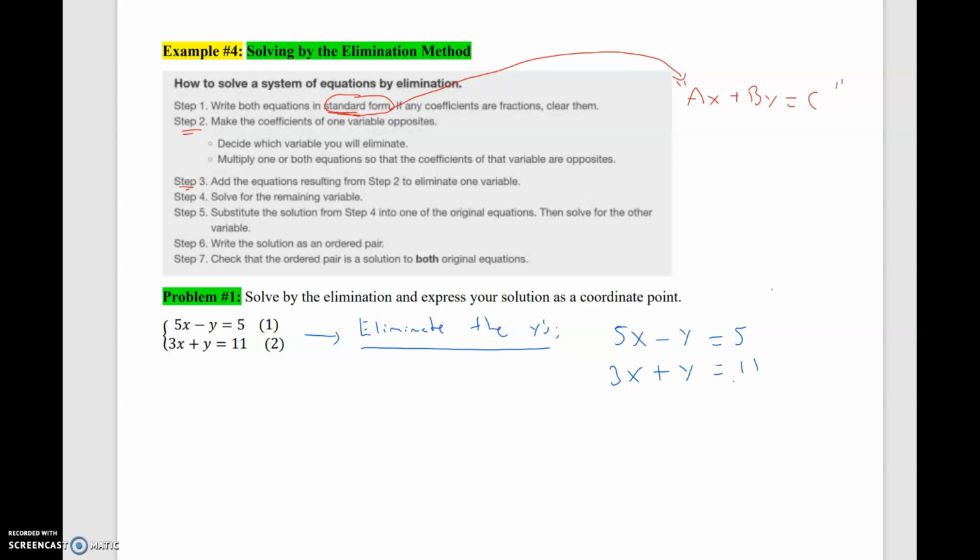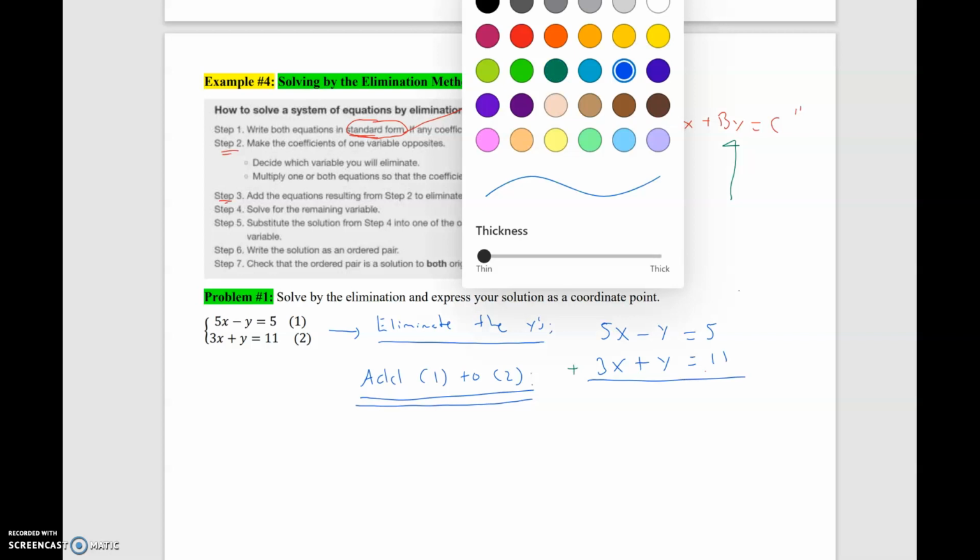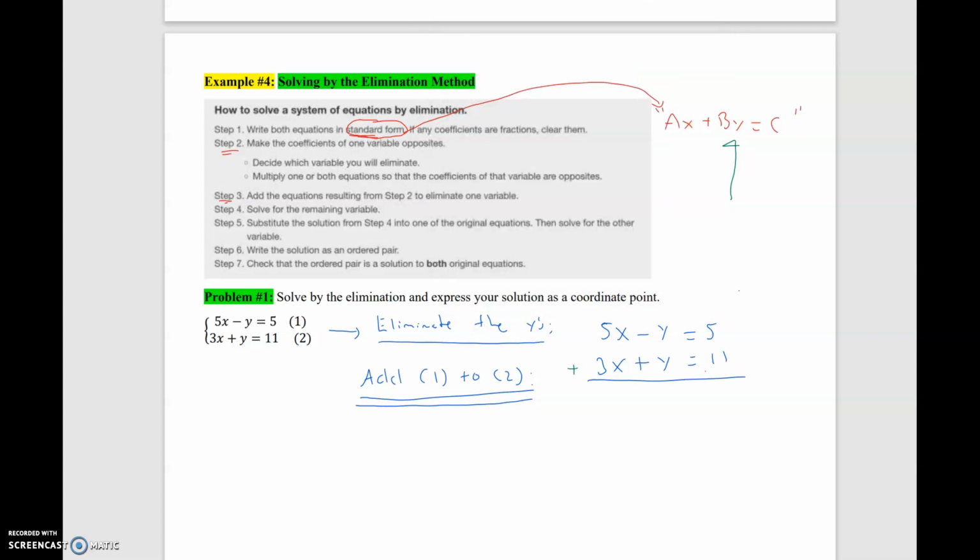And this is only going to occur if you technically add equation 1 to 2. Now this part is crucial because that's why they're asking us to make sure that you have the system in this form. Otherwise, you may be accidentally adding terms that are not like terms. So as you add these two equations, notice that 5x plus 3x is going to be 8x, and then technically plus your y's cancel.